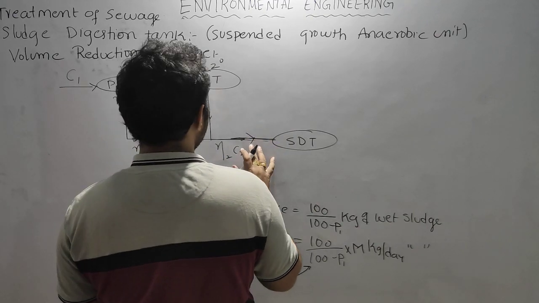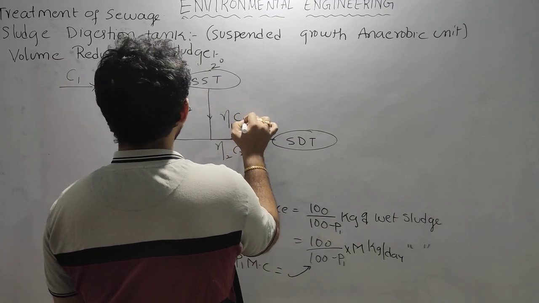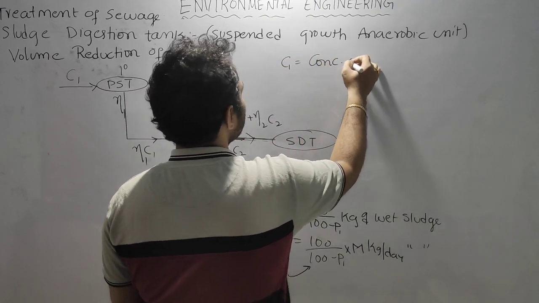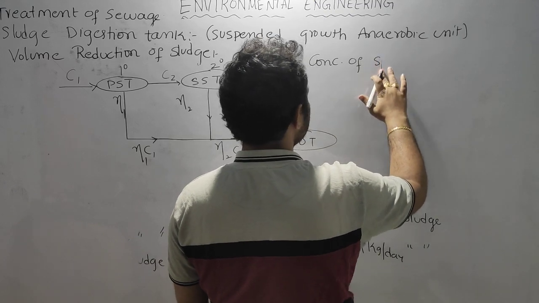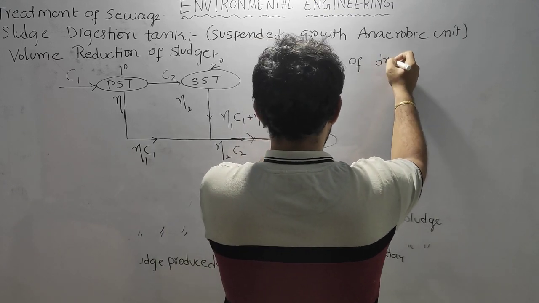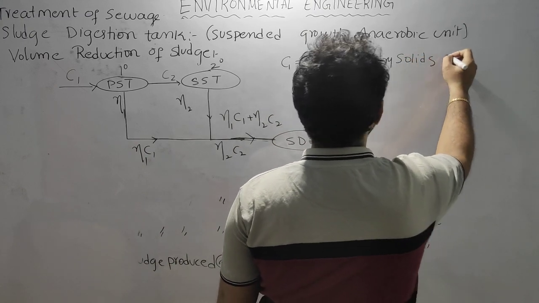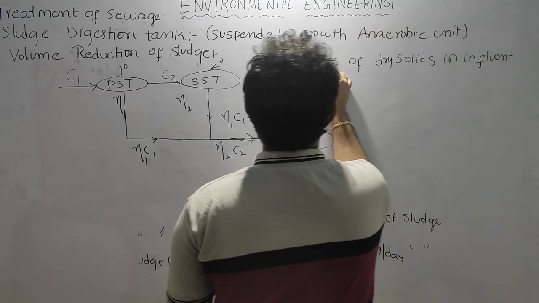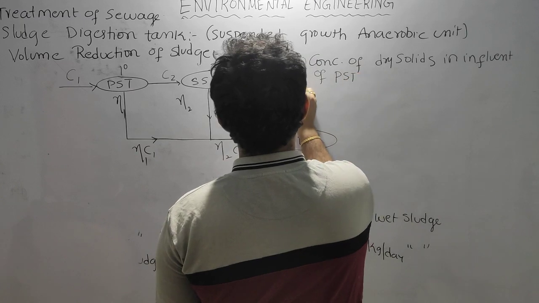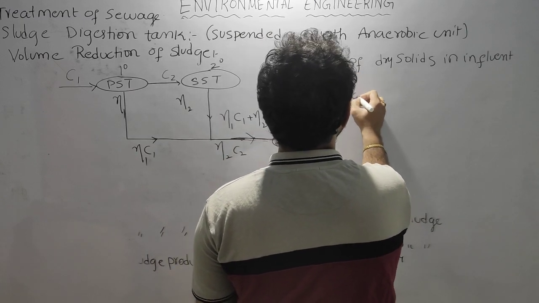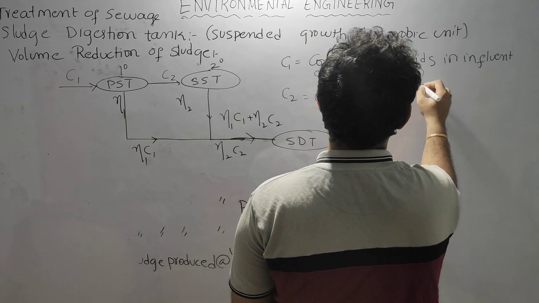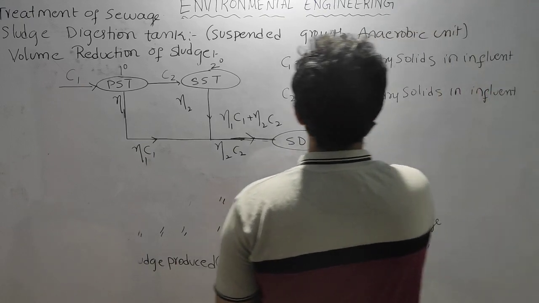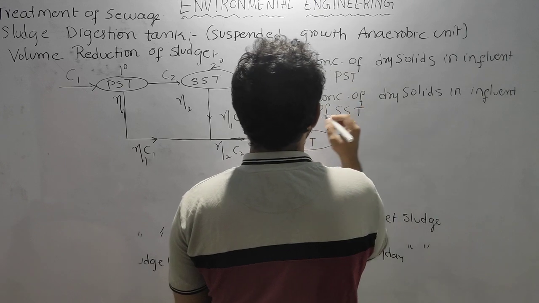The solids entering into the sludge digestion tank are eta 1 C1 plus eta 2 C2, where C1 is the concentration of dry solids in the influent of the PST, and C2 is the concentration of dry solids in the influent of the SST.